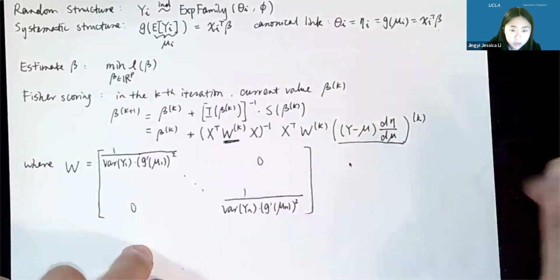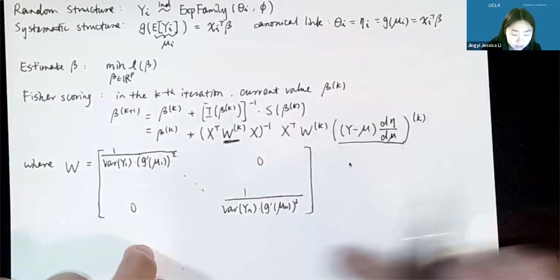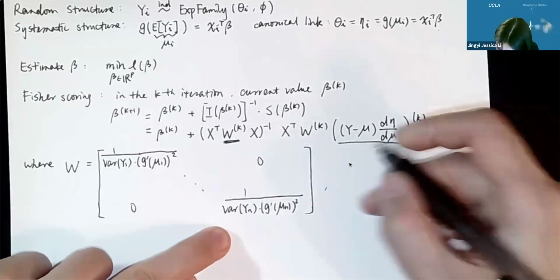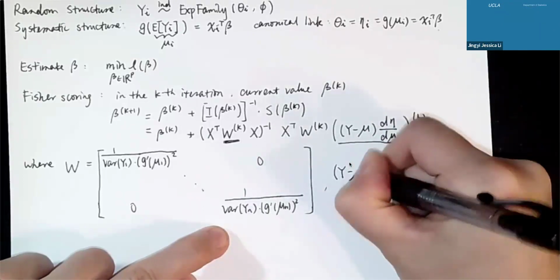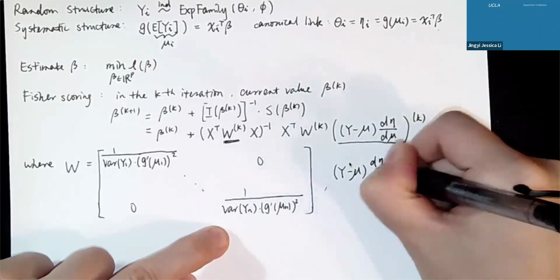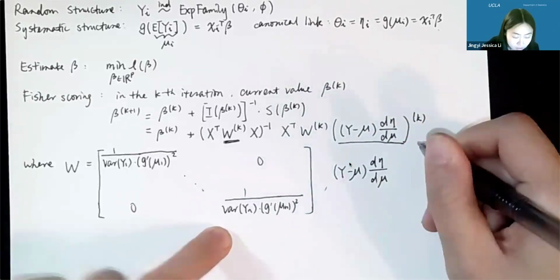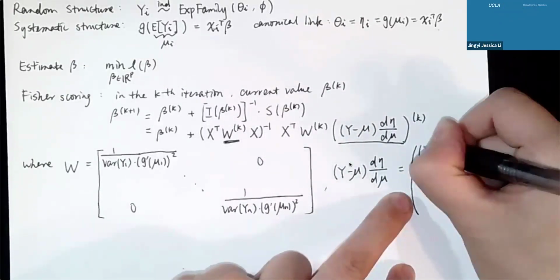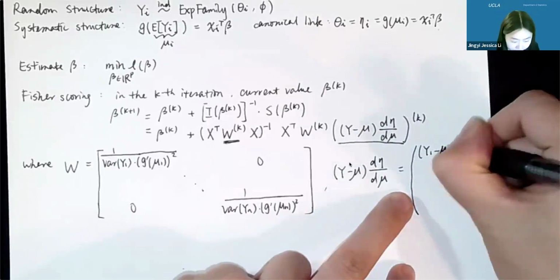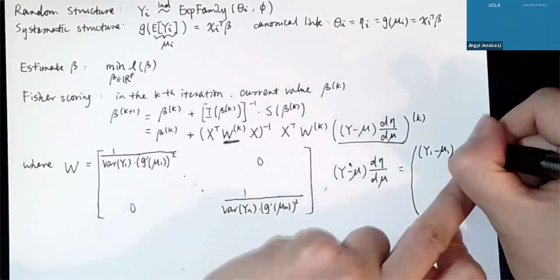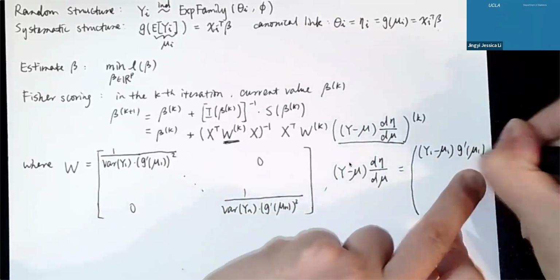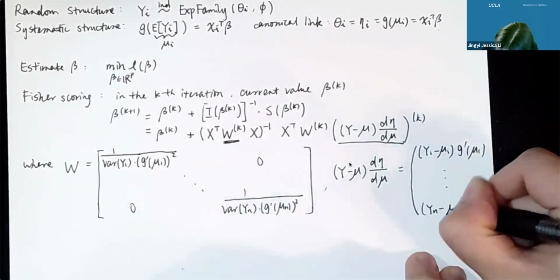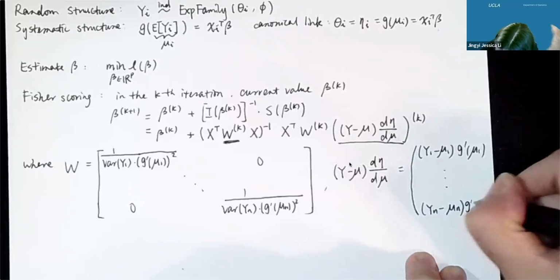Okay. So this is the W matrix, and this vector (y minus mu) d eta d mu is a column vector, and we can write it out as y1 minus mu1 times g prime of mu1, up to yn minus mu n times g prime of mu n.